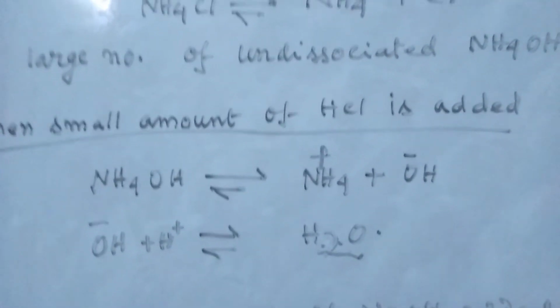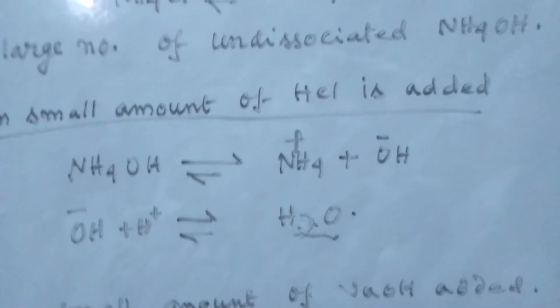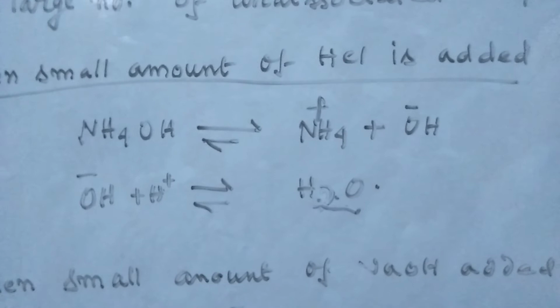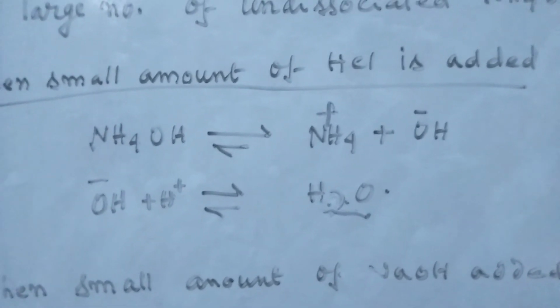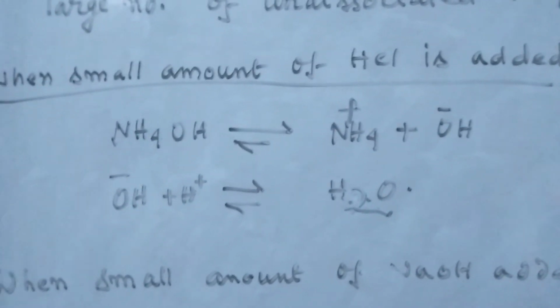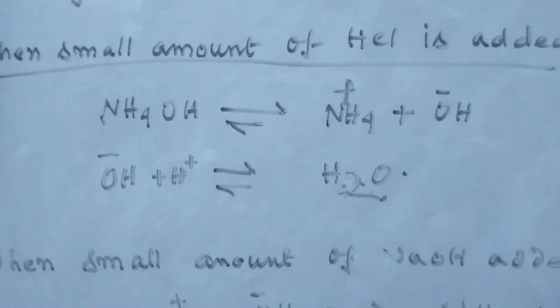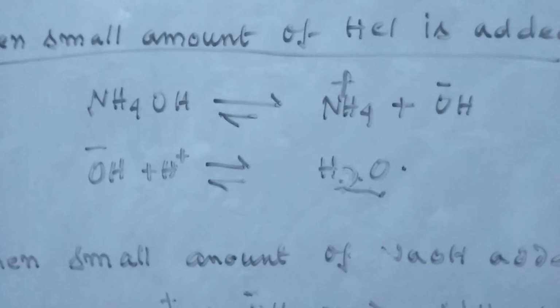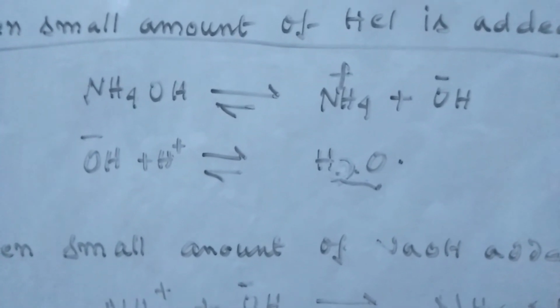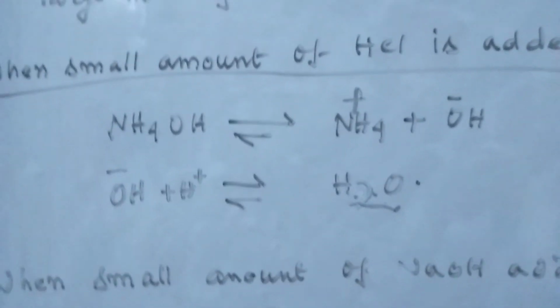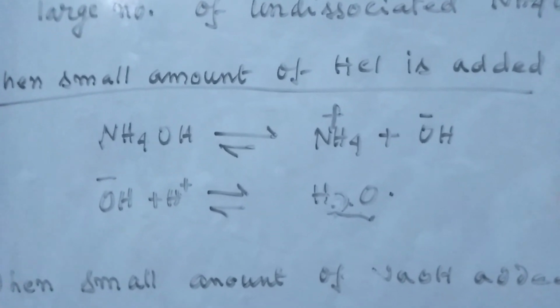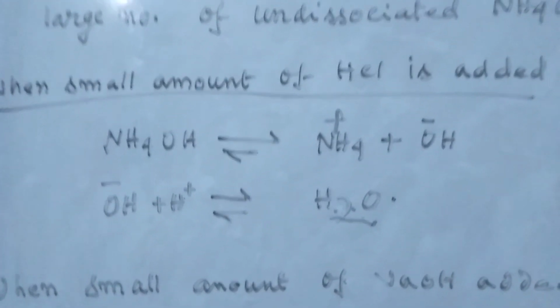So the addition of excess H+ ion is neutralized by the dissociation of NH4OH, and that NH4OH provides OH- ion, and that OH- ion combines with H+ ion to produce undissociated H2O, and thus it preserves the pH of the solution.